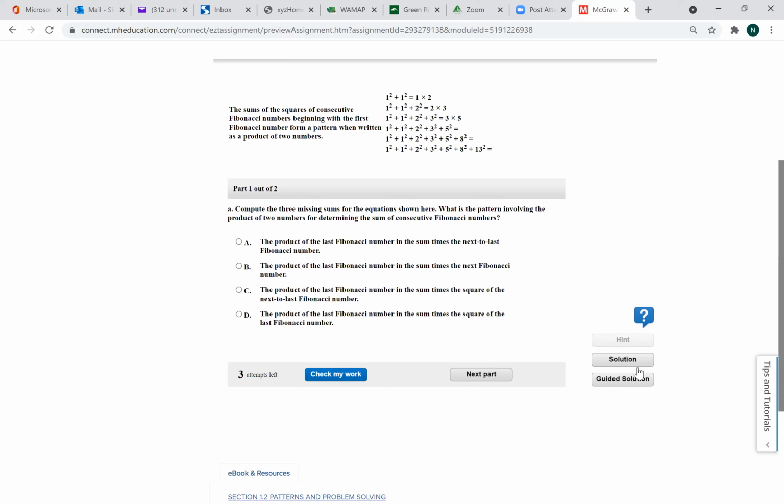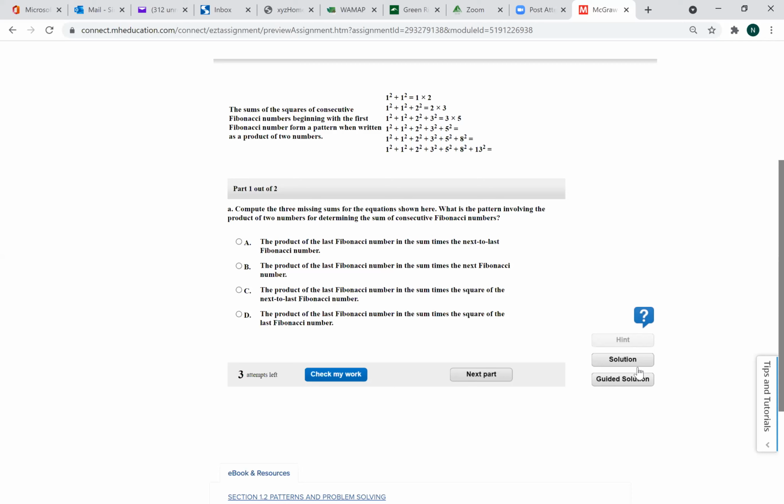And then the third line, so you're looking for a pattern, okay? The first line was equal to 1 times 2. The second line, that sum is equal to 2 times 3, which is 6. The third line, the sum is equal to 3 times 5, which is 15.